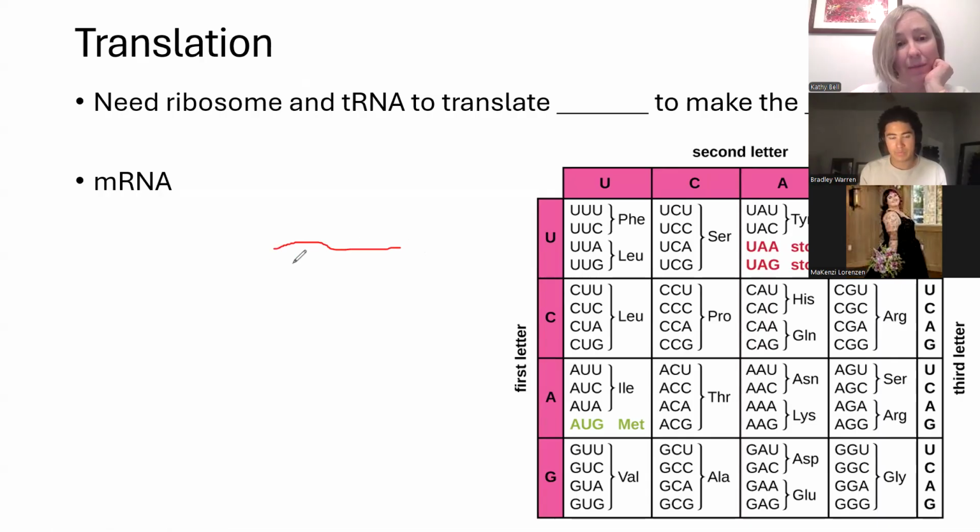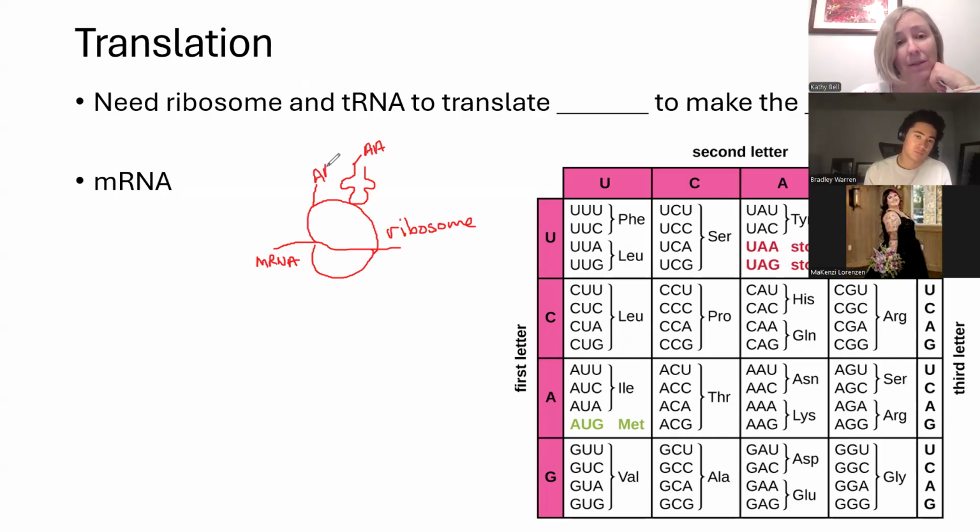So here's our messenger RNA. And then the ribosome is going to be sitting on top of the messenger RNA reading the code, and then the transfer RNA is going to be coming in to the ribosome and bringing in our next amino acid that we need to join to the amino acids that are being joined together here to make our protein.